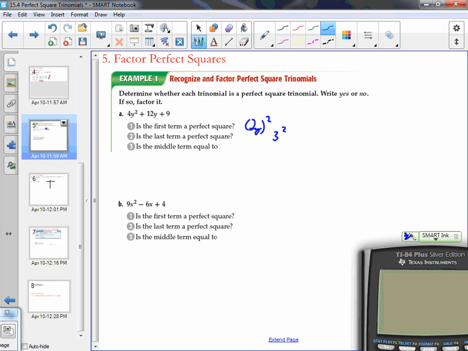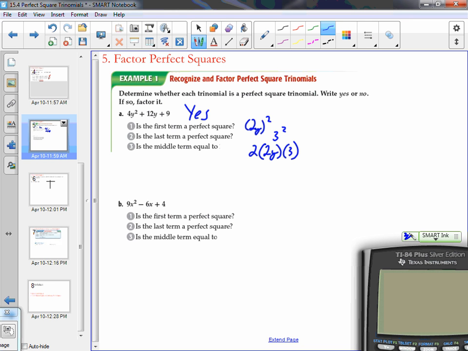Is the middle term equal to 2 times, what would a actually be? Not 4y squared. A would be 2y times b, 3. Is our middle term equal to 2 times 2y times 3? Yes. Since all three conditions are met, yes, that one's a perfect square trinomial.